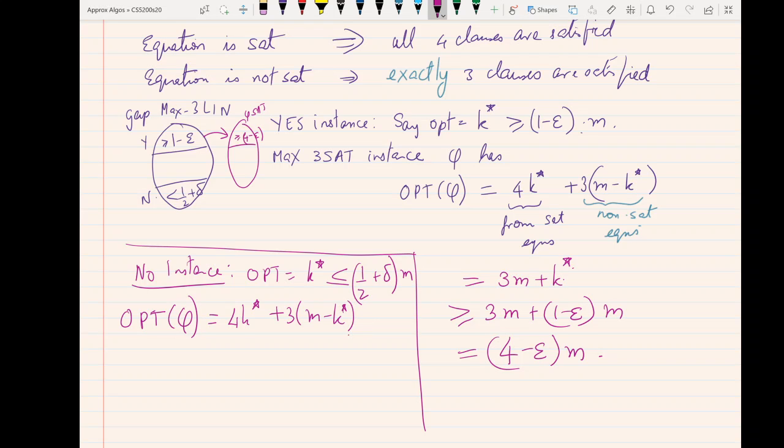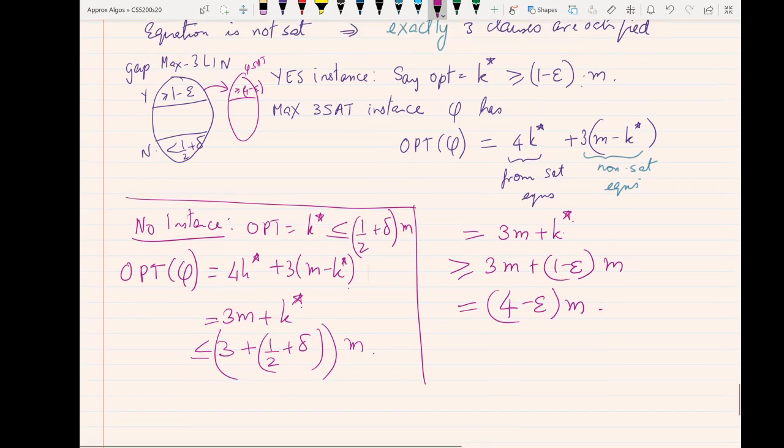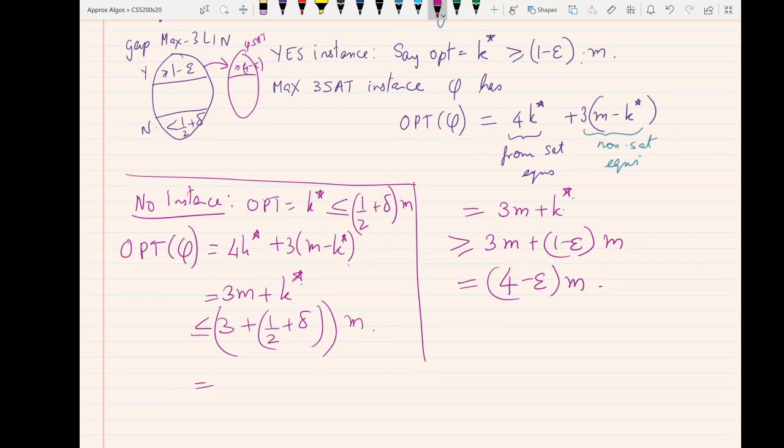This does not change. The only thing that changes is the value of k star over here, which is less than or equal to 3 plus half plus delta times m, which is equal to 7 over 2 plus delta m.